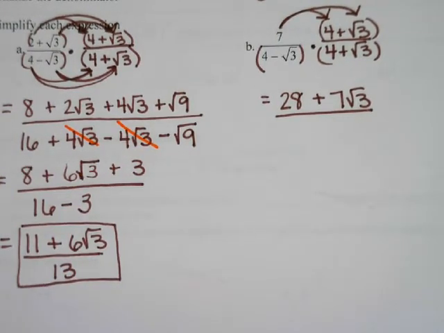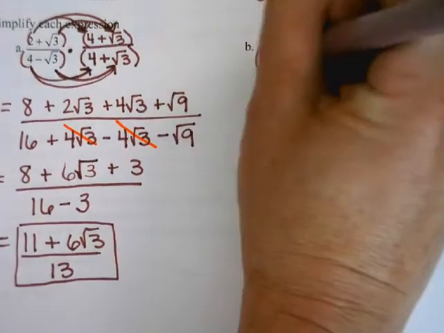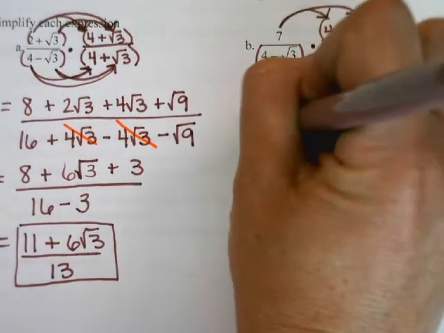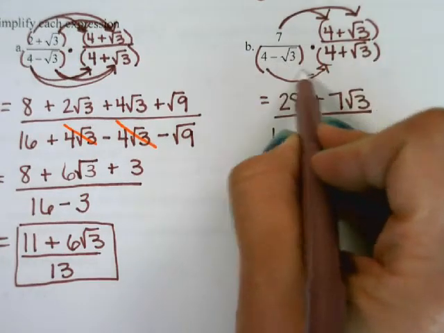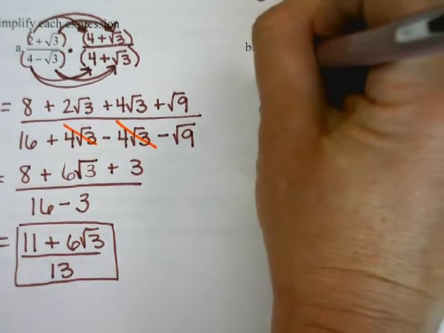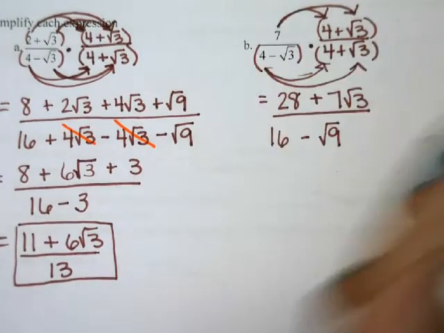If you're not sure, go ahead and FOIL the whole thing out. But I will guarantee you that we're trying to force those middle terms, the O's, to cancel out. So I'm just going to first and last this guy. 16. And then I get a positive 4 root 3 and a negative 4 root 3. So they cancel. Minus the square root of 9.